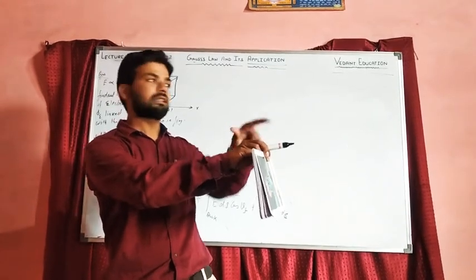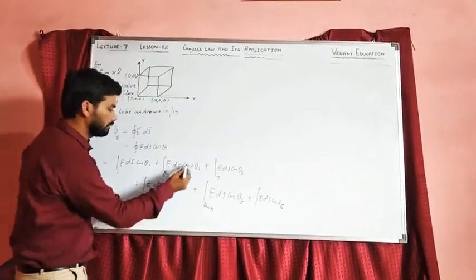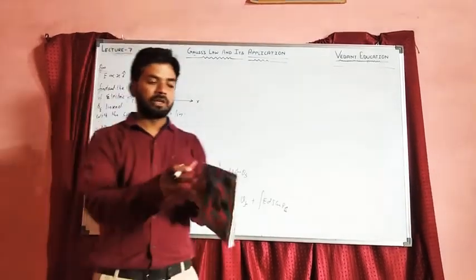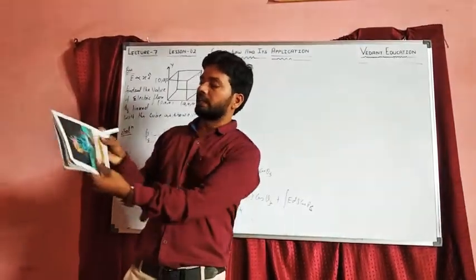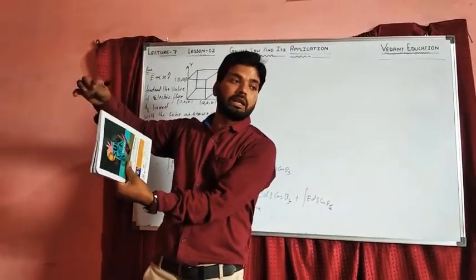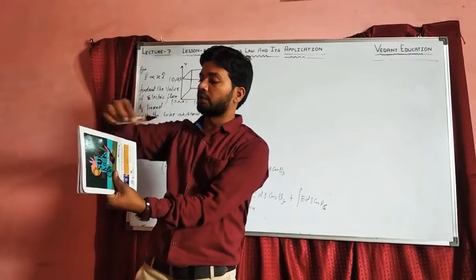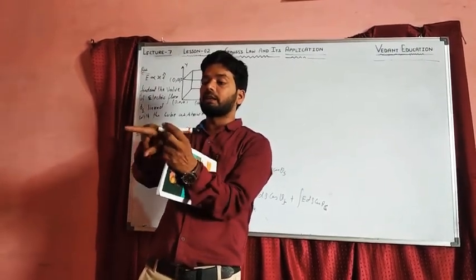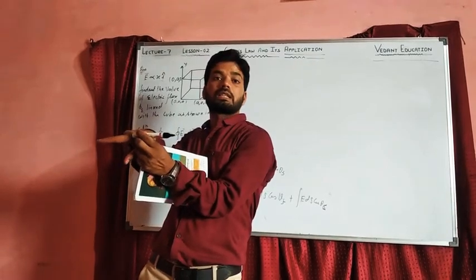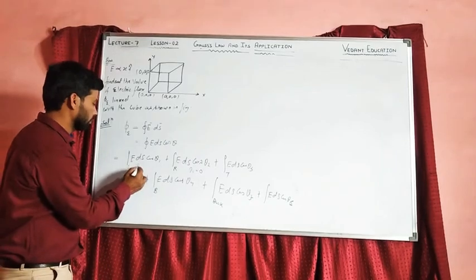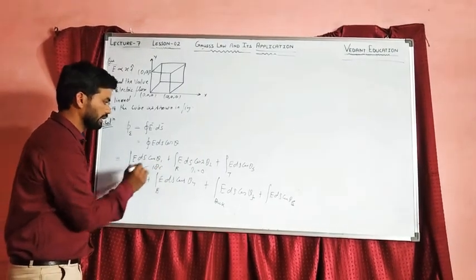So for the right face, theta 2 is 0 degree. For the left hand side face, the direction of the area vector will be this one, and the electric field lines will be along this one. So the angle between the electric field vector and the area vector is 180 degree. This is left, so theta 1 is 180 degree.